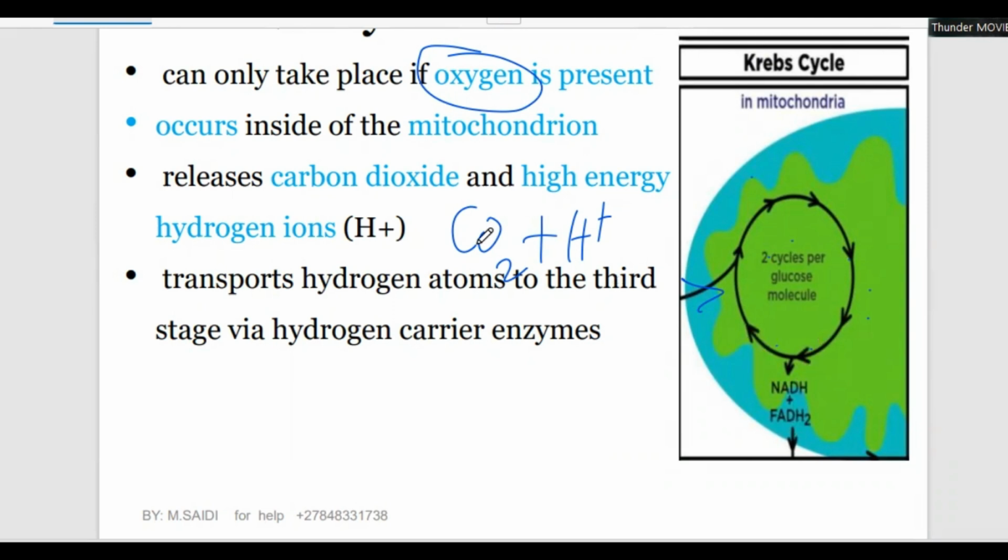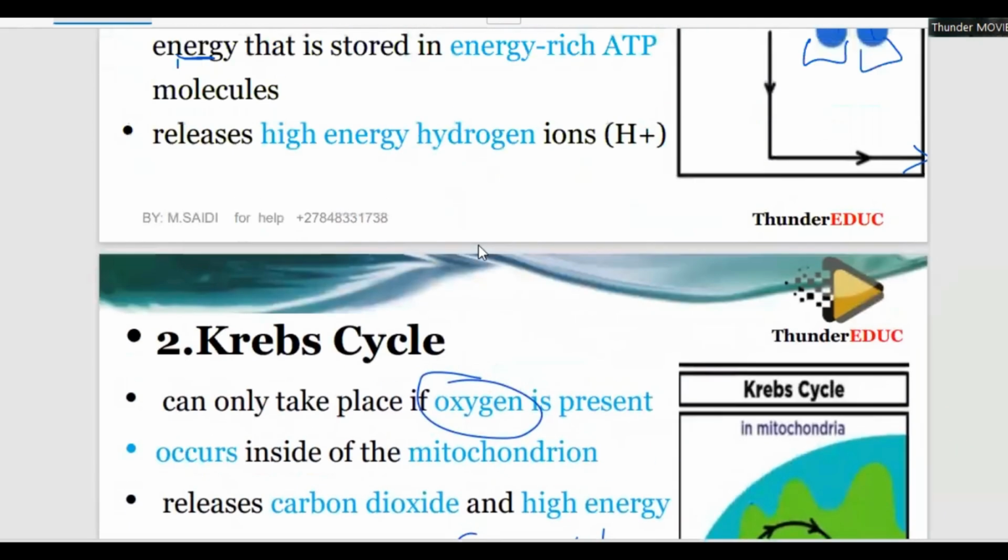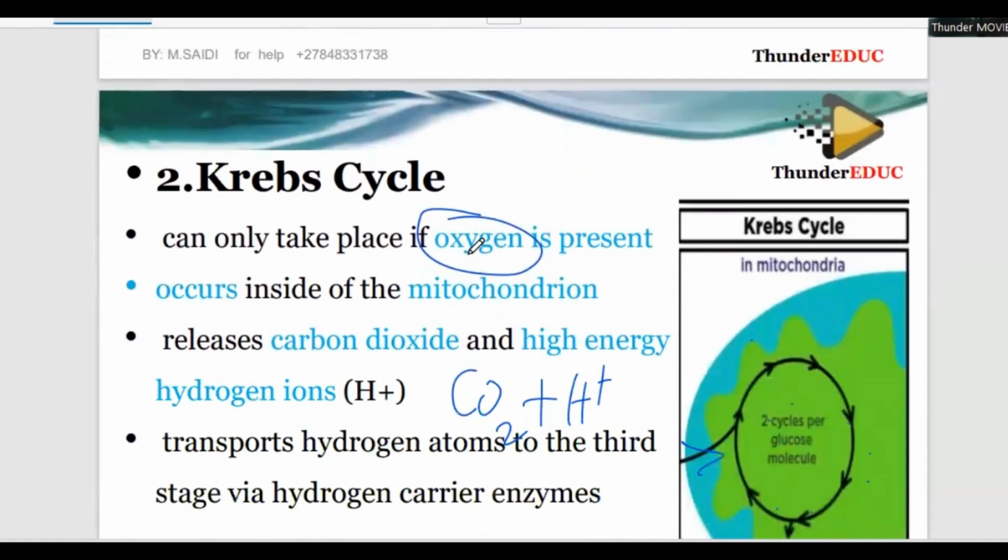Don't forget, as a small reminder, the raw materials of respiration, like glucose, are the products of photosynthesis, and the products of respiration are the raw materials for photosynthesis.